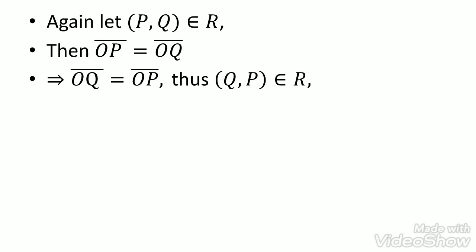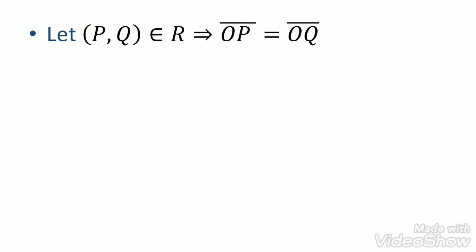Now we can also say OQ equals OP, and thus Q and P are related to each other, just like (Q, P) belongs to R. So we get (P, Q) belongs to R implies (Q, P) belongs to R. So R must be a symmetric relation.